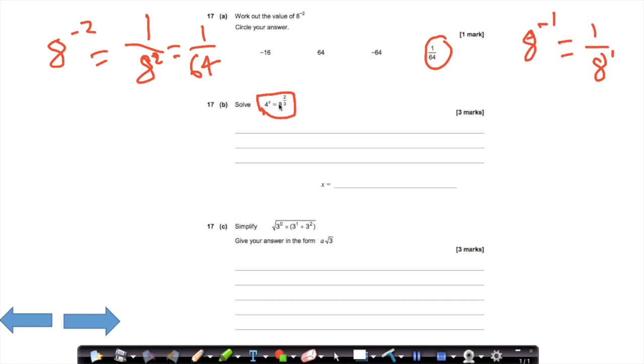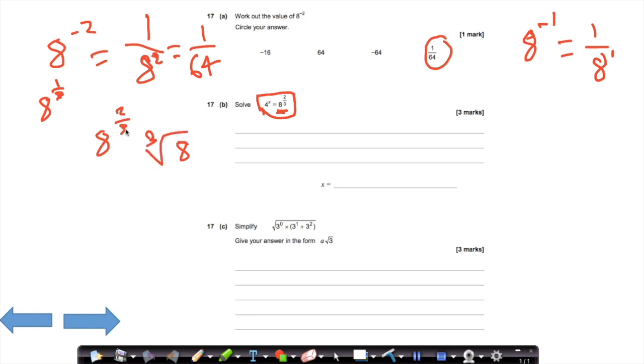Well, thinking about fractional indices, if I had 8 to the power of 1/3, the denominator in your power is telling you what root to take. If it's a 3 at the bottom, then we're finding the cube root of our whole number.